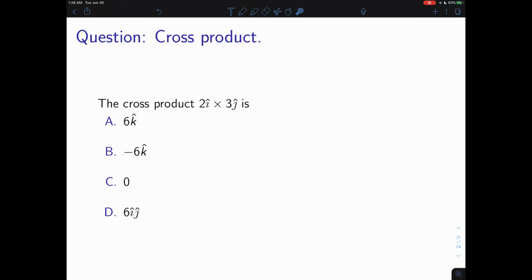Oh, look at that, a hypothetical situation where somebody gave you some i's and j's to cross product. So what is the cross product of 2i cross 3j? Is it 6k, minus 6k, 0, or 6ij? It is 6k, right? 6k is our answer.